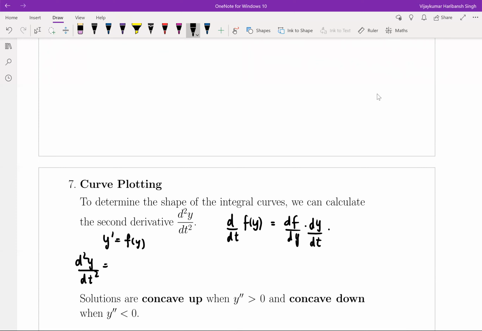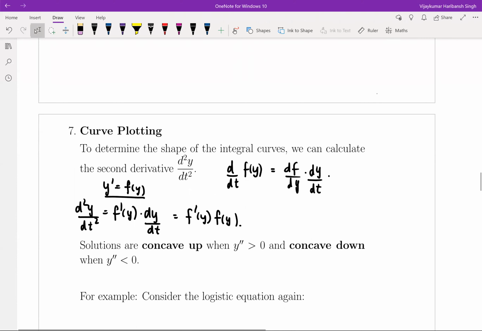If you take the derivative on both sides, on one side you get d squared y by dt squared. On the other side, you'll get the derivative of this, which is f prime of y times dy by dt, but dy by dt is the same as f of y. So you'll get f prime of y times f of y.